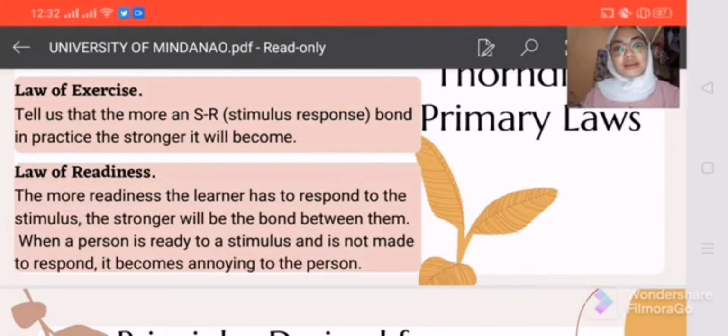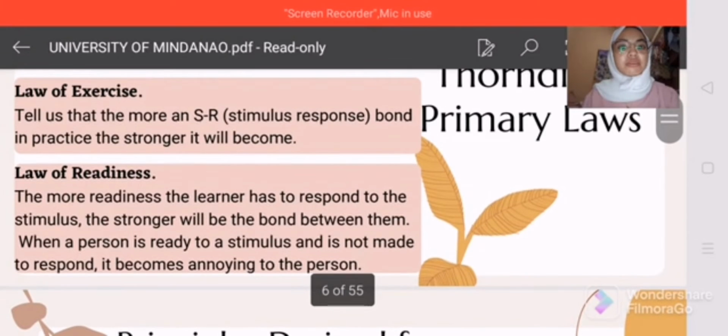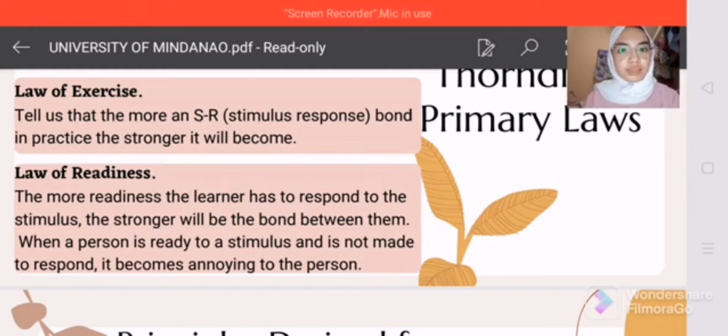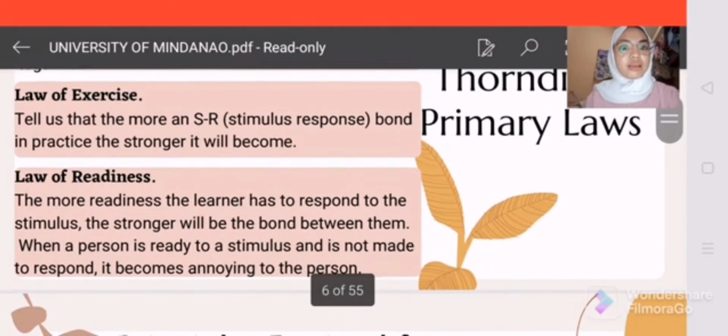So giving a series of activities para ma-retain nila, or letting the students answer the question, like magtawag ng estudyante para sumagot, and then magpa-activity. That is the law of exercise.